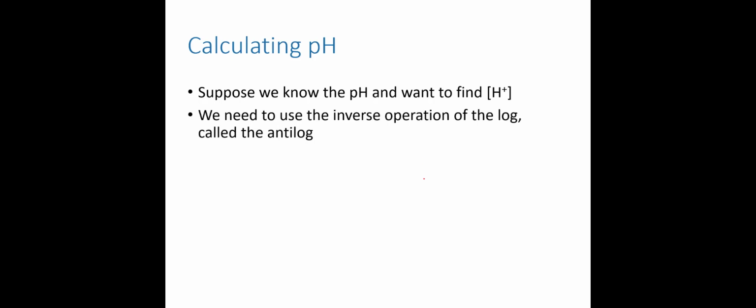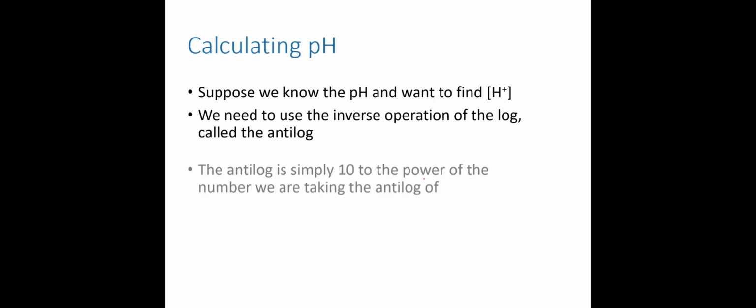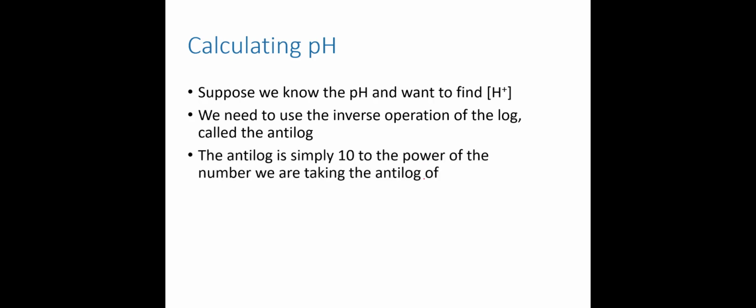Suppose, on the other hand, we know the pH value, and we would instead like to find the proton concentration. We need to do the inverse of the logarithm, and that is called the anti-logarithm, or anti-log. And the anti-log is essentially just 10 to the power of the number that you're taking the anti-logarithm of.